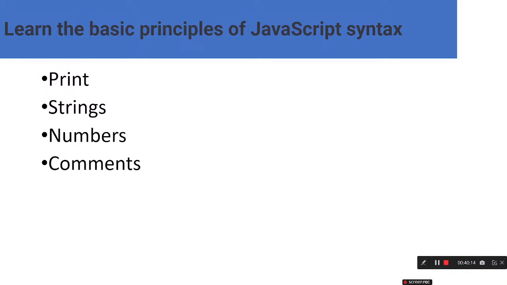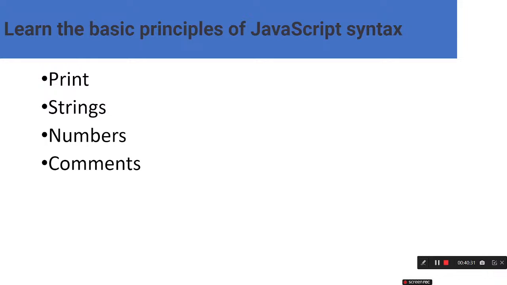Then comment is a common thing for all programming languages. A comment is mainly used when you want to describe your code: the documentation about the code, and why you wrote the code. So this is the comment.